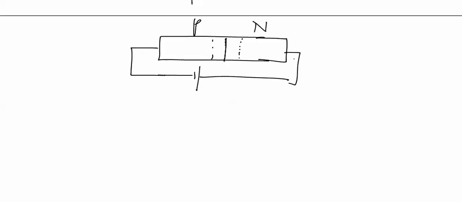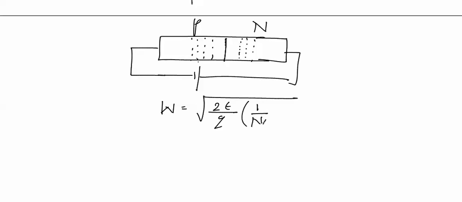If PN junction is reverse biased, the depletion layer increases with the applied reverse voltage, and its relation with the applied reverse voltage is given by W is equal to under root of twice epsilon upon Q into 1 upon NA plus 1 upon ND into V0 plus VR, reverse bias voltage.